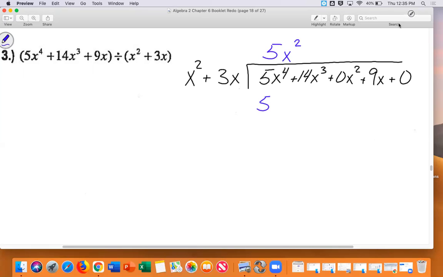That gives me 5x to the 4th plus 15x cubed. I'm going to subtract these two. 5x to the 4th minus 5x to the 4th, that's 0. 14x cubed minus 15x cubed is negative 1x cubed. 0 comes down.